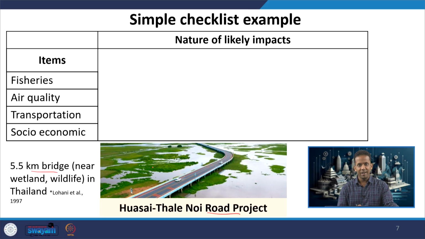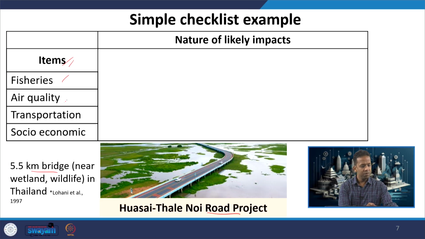So it is a wetland, and wetland is one of the ecologically sensitive zones. So if you have to make a road construction in an ecologically sensitive zone, there is a mandatory need of EIA, and if a simple checklist is applied for doing some preliminary EIA of the project, as per the methodology of simple checklist, what we can have, first we have the environmental components or items or resources which may get affected by this project.